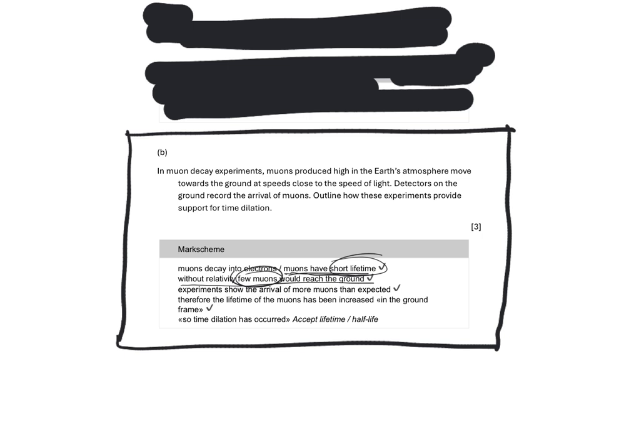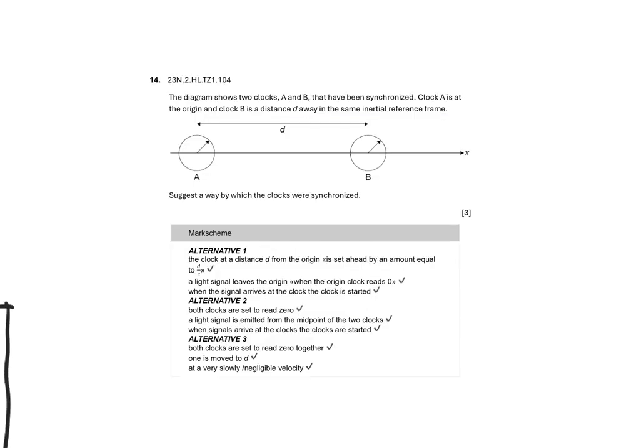But it says experiments show the arrival of more muons than expected. So we're getting more muons than anticipated, so the lifetime has been increased. How could the lifetime have been increased? Because of time dilation. This is one of the last things we're going to talk about in the relativity topic, but the muon experiments are testable, so here's an example of that. Here's number 14.